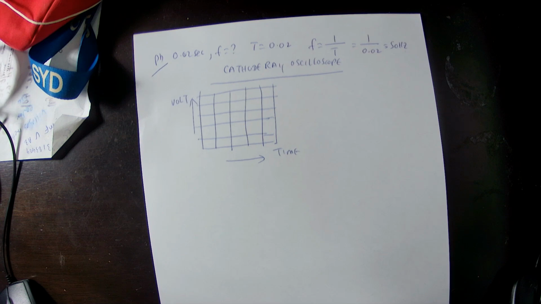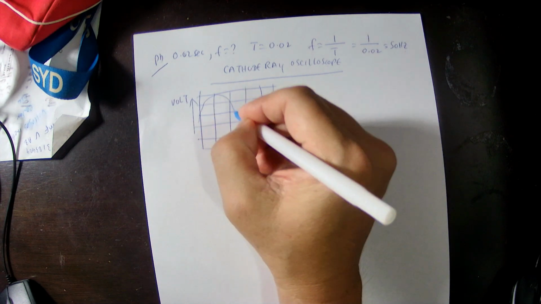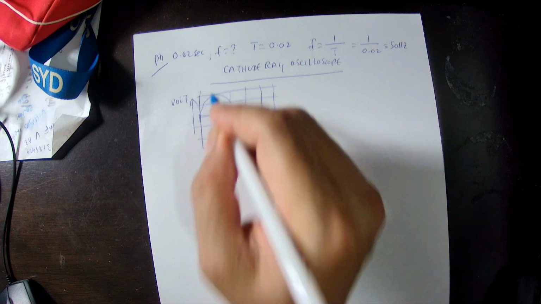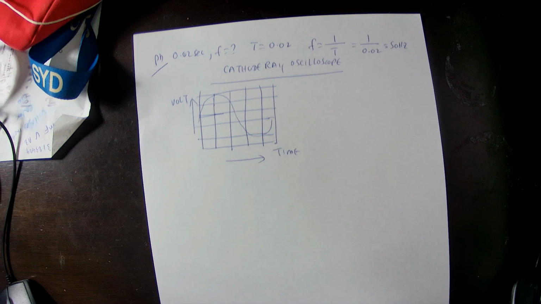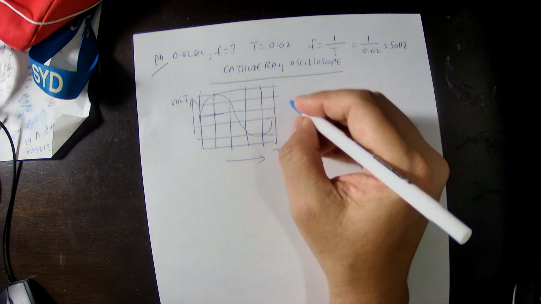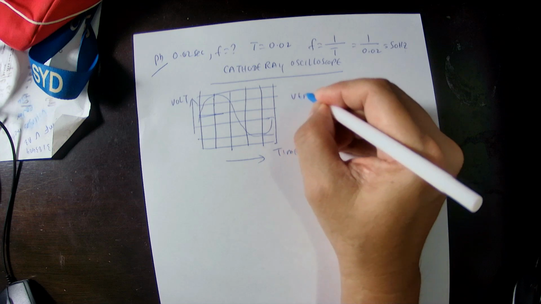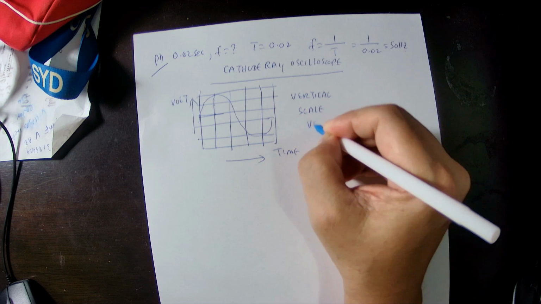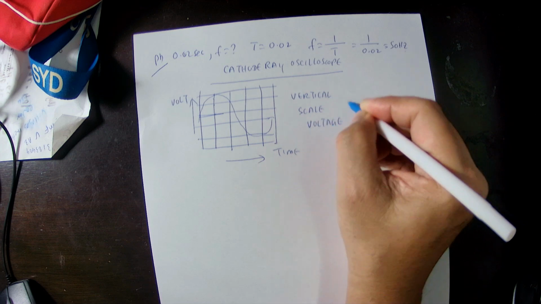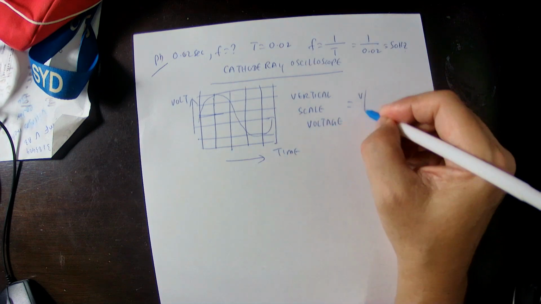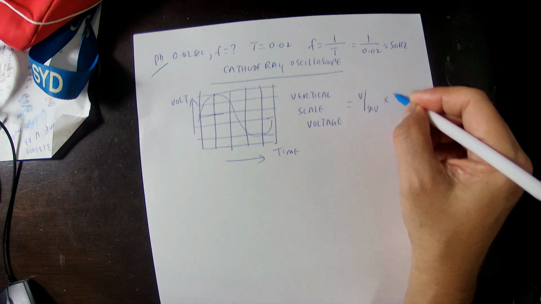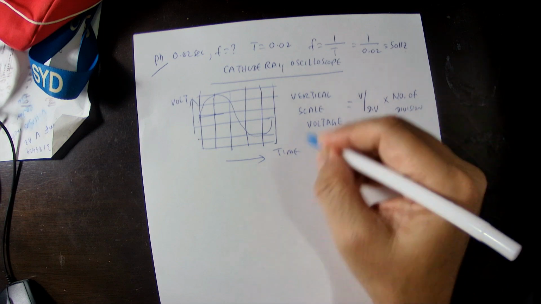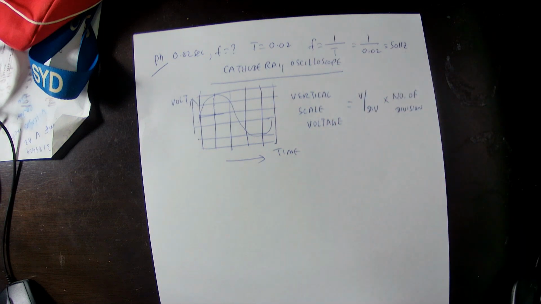When you see the waveform here, you can count how many divisions there are. The voltage can be calculated as volts per division multiplied by the number of divisions. So on the vertical scale you can measure the voltage.